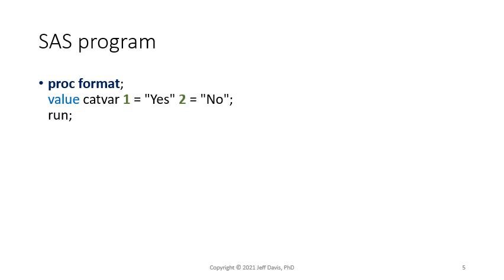Just like I said, you want to use the proc format statement to give some context to the values that your variable might take on, certainly for any categorical variable. So you want to go ahead and just set that up, and then move on with the rest of the program.